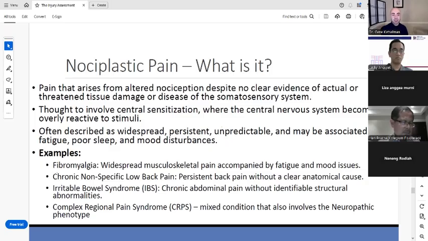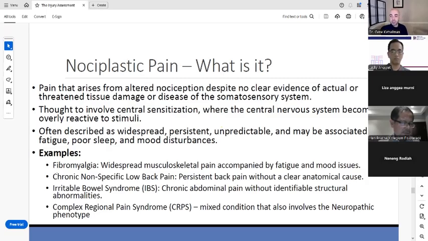This is thought to involve central sensitization, where the central nervous system becomes overly reactive to stimuli. It's often described as widespread, persistent, unpredictable, that's the big key, unpredictable, and may be associated with fatigue, poor sleep, and mood disturbances.